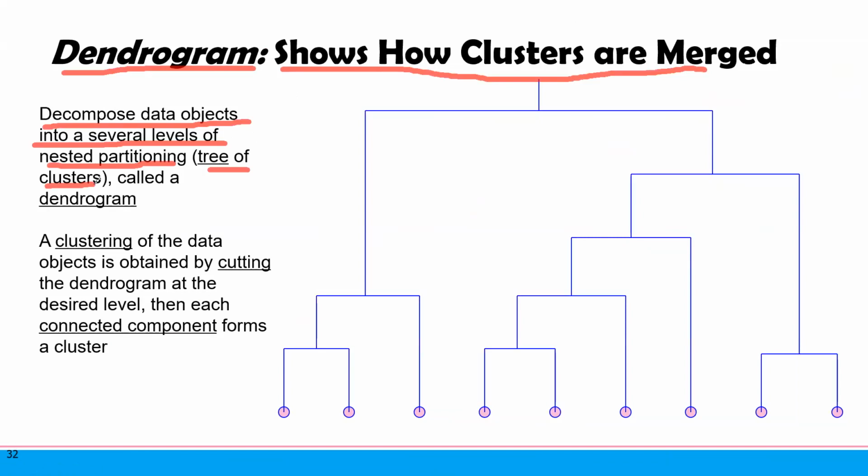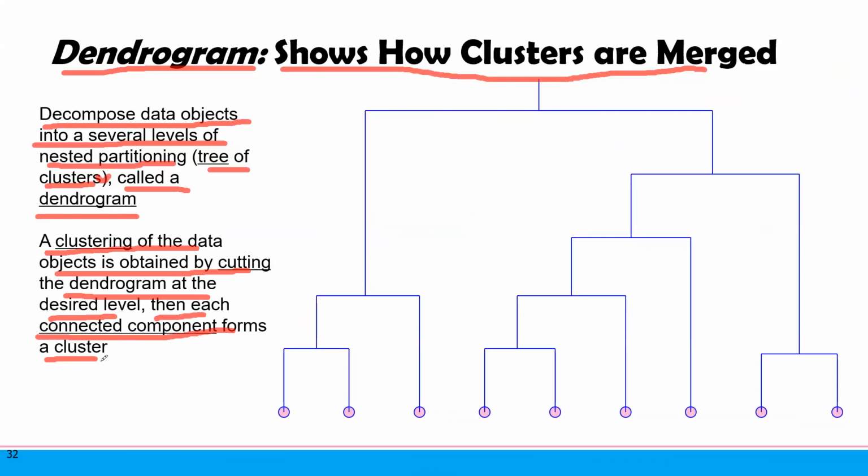We call it a tree of clusters, and in a single word, it is a dendrogram. A clustering of the data objects is obtained by cutting the dendrogram at the desired level. Then each connected component forms a cluster.